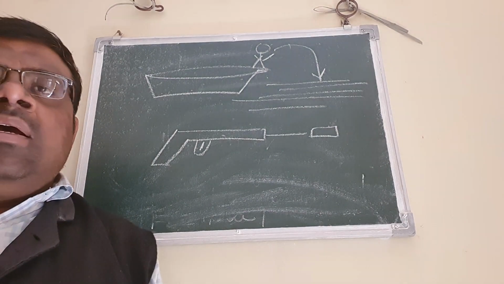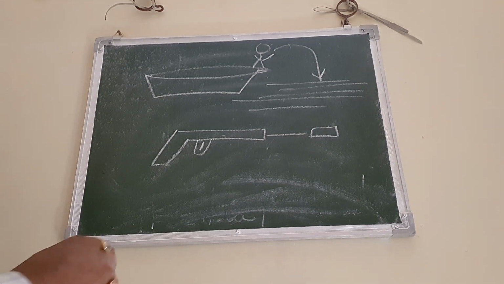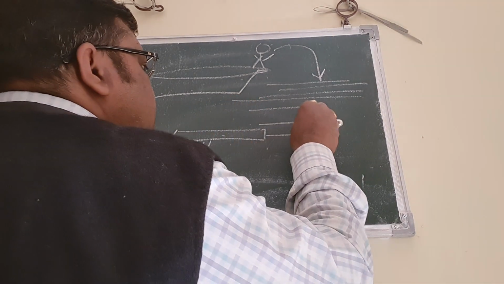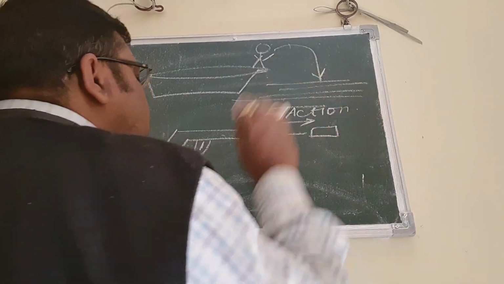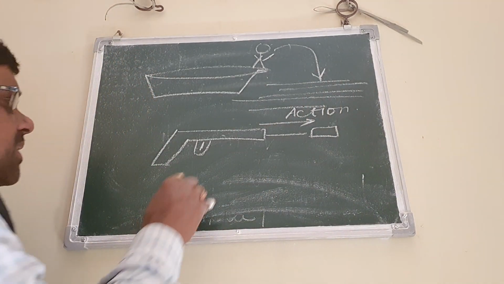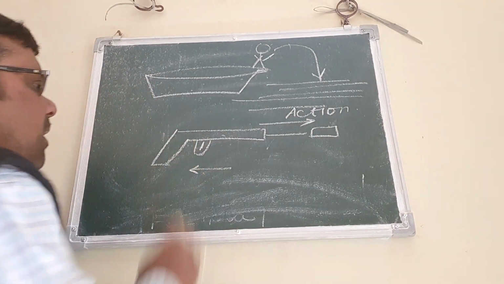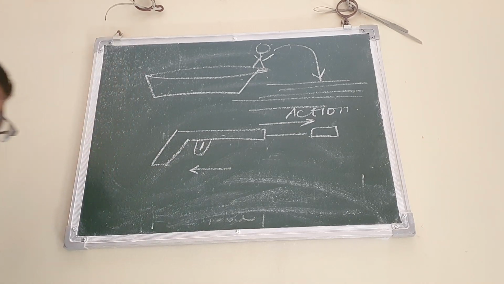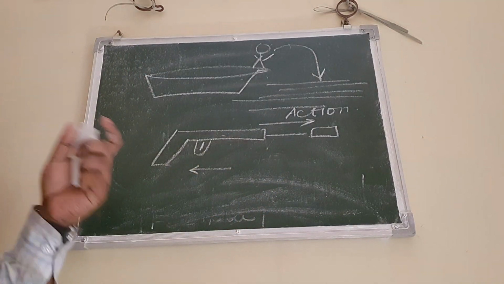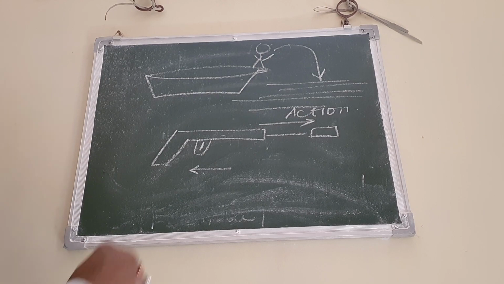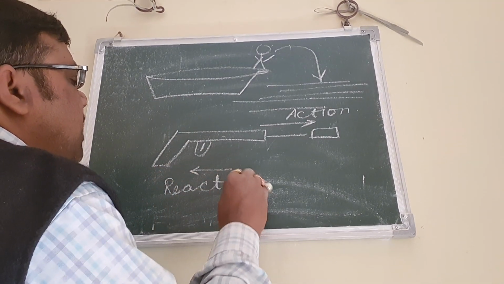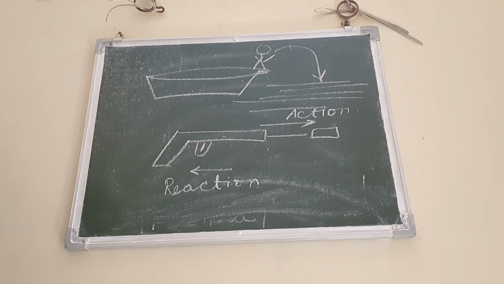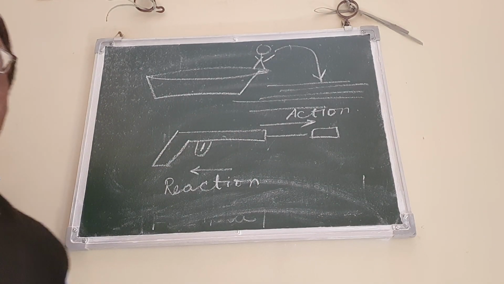This is its action according to Newton's third law of motion. What will be its reaction? The pistol or the gun is going to move in the backward direction. That is its reaction. So it is based on action and reaction, and this is also an example of Newton's third law of motion.